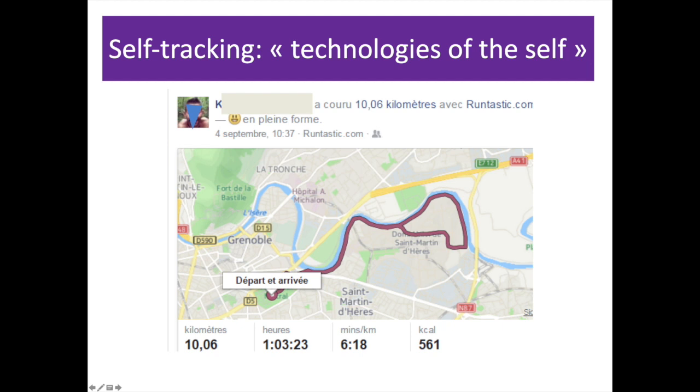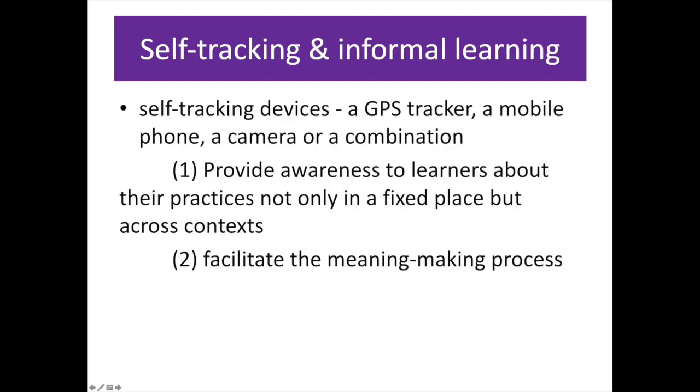Here is an example of a friend who was trying to lose weight and was using Runtastic and putting this on Facebook afterwards, saying, look at me, I've done this race and I've lost so many calories. So that's not only tracking oneself but also displaying the result online. I think this is really interesting because it is something kind of new, like 5 or 6 years old.